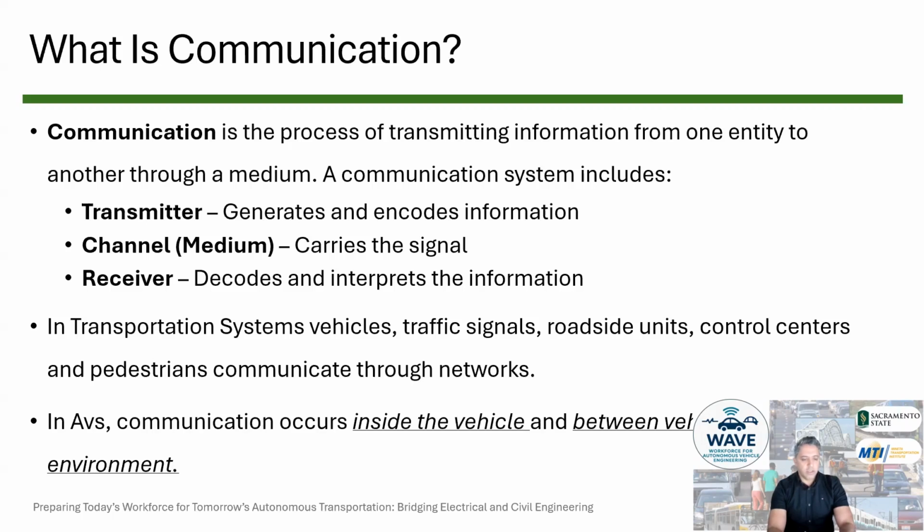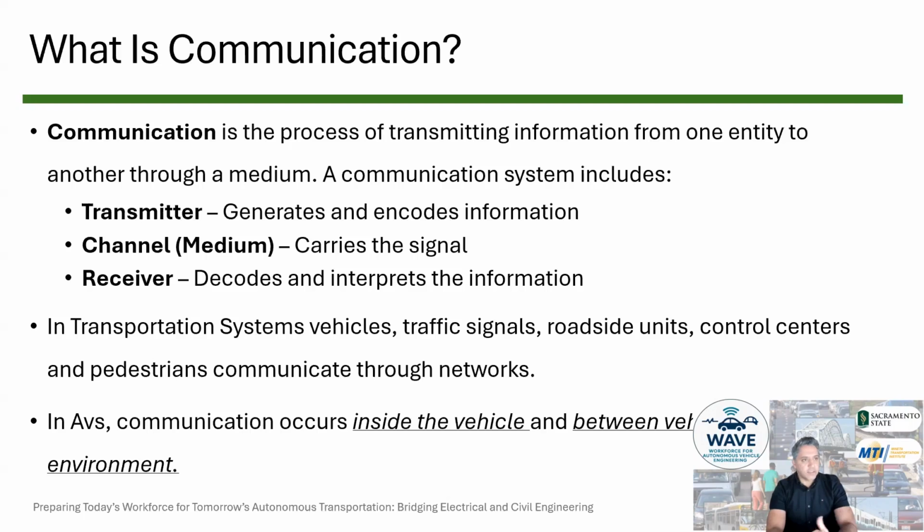One is to increase the security of the data, and the other is to make it understandable for the other entity. The second component in a communication system is a channel or medium, which carries the signal, that is, how the information from one entity is carried to the other entity.